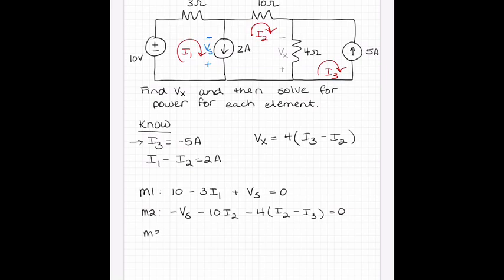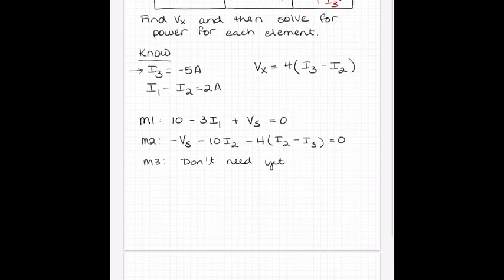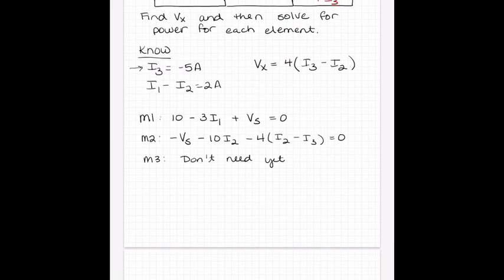Mesh 3, I don't need right now because I already know what the mesh current is. Now I know I'm going to need it because I have to solve for power for that source later. All right, so let's simplify these equations down a little bit. I'm going to have minus 3I1 plus Vs is equal to minus 10.